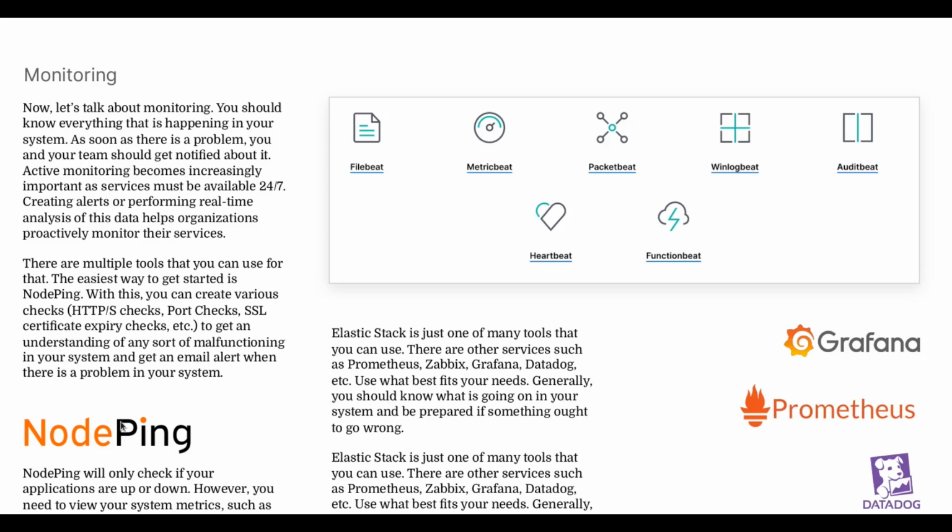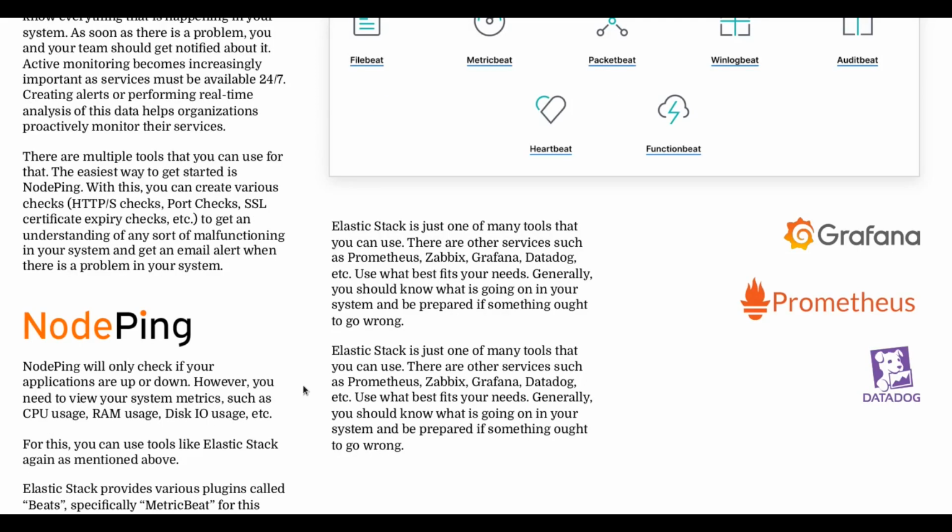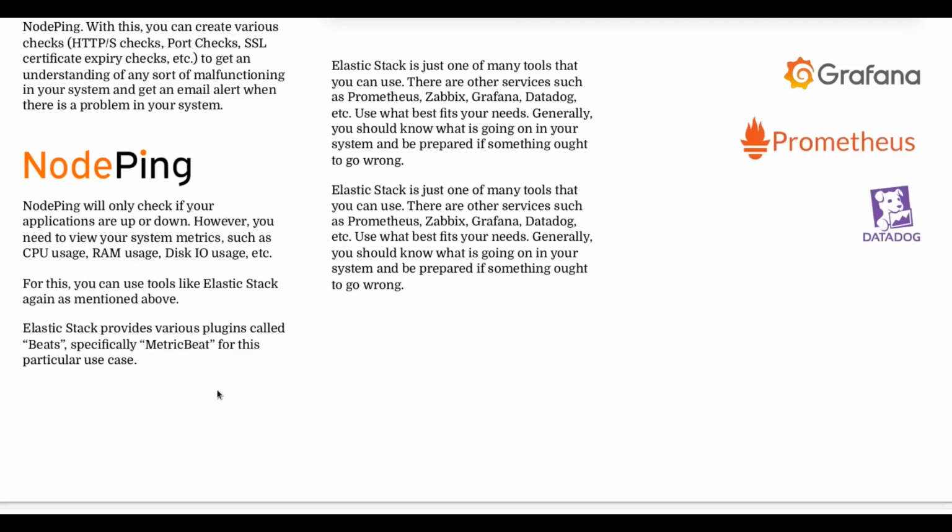NodePing has different types of features and monitoring tools, which check your system usage, RAM usage, CPU usage, and inform you. All the reports can be imported into the elastic stack, and the data of the elastic stack can be given to Kibana, so that we can visualize the data.